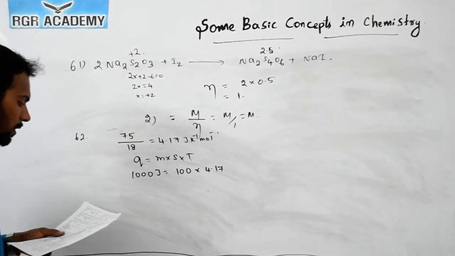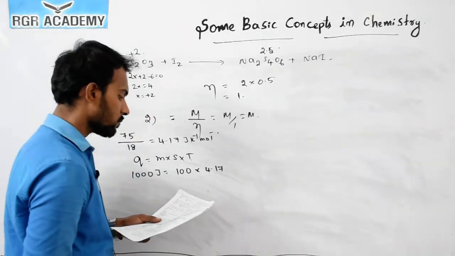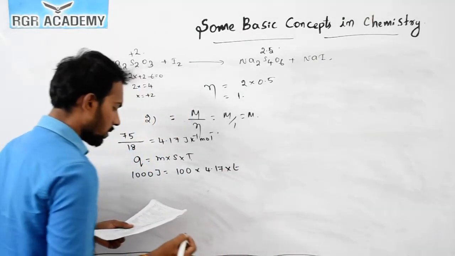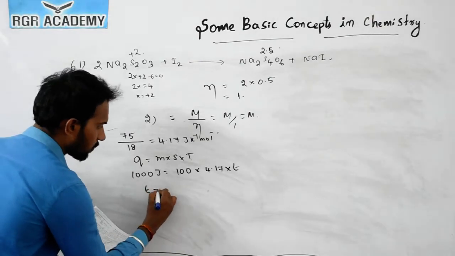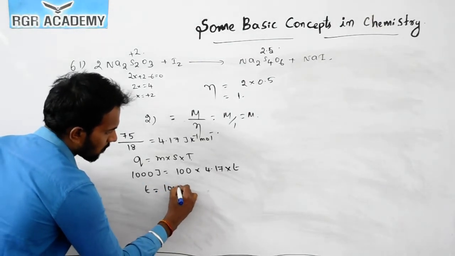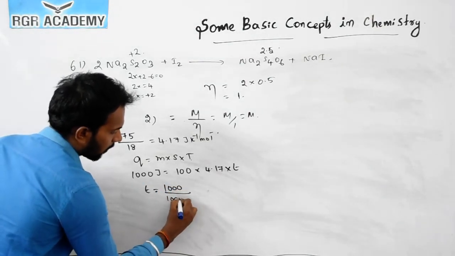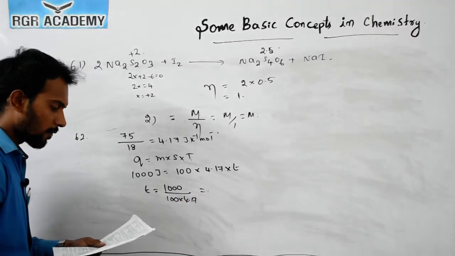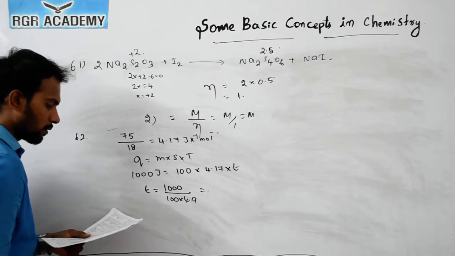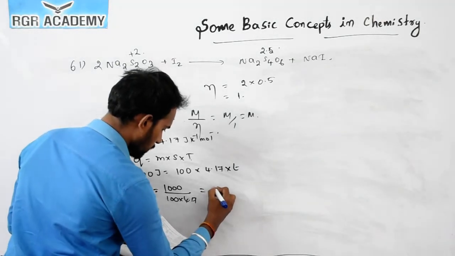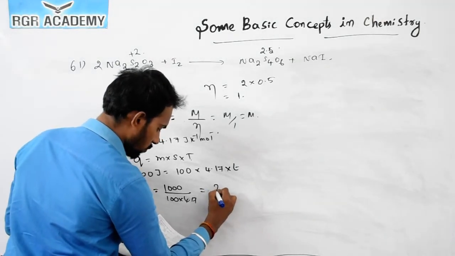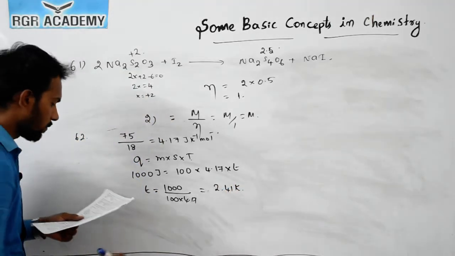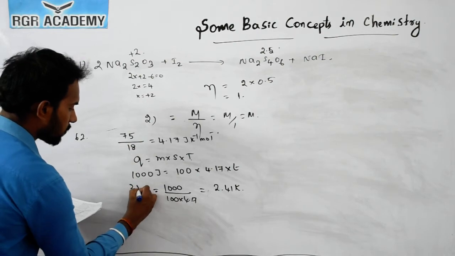Now we are going to find the temperature. T is equal to 1000 by 100 into 4.17. So the value is nearly 2.41 Kelvin. So we can conclude the answer is 2.